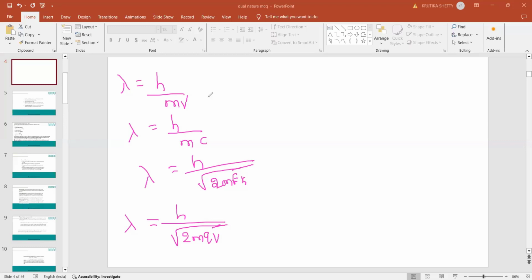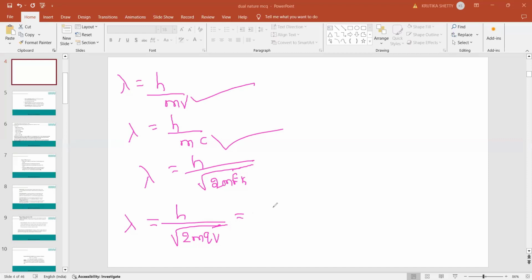So the first expression is in terms of momentum, mass into velocity. The second equation is in terms of mass and velocity, but velocity of light in the vacuum. The third formula is in terms of the kinetic energy: lambda is equal to h upon root of 2mEK. Similarly, in terms of potential, lambda is equal to h upon root of 2mq into v.